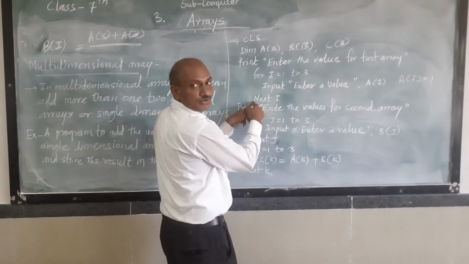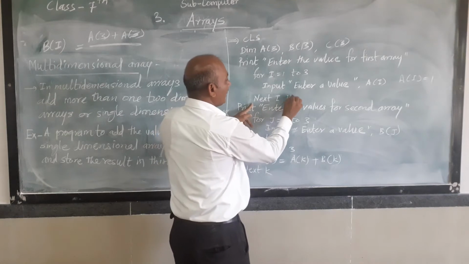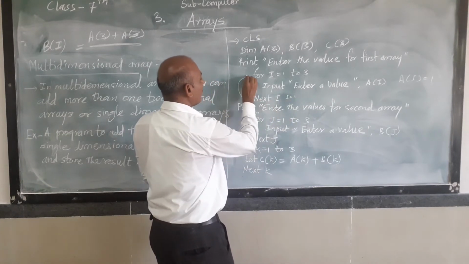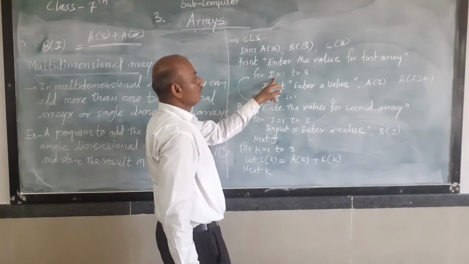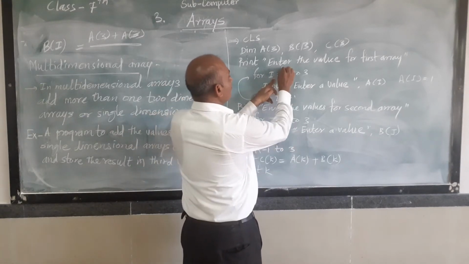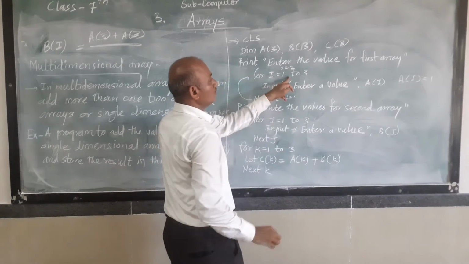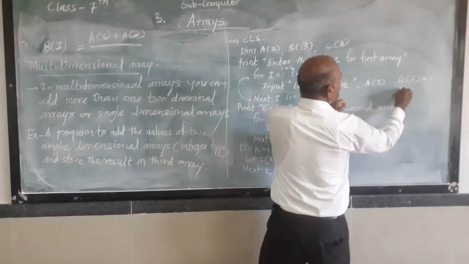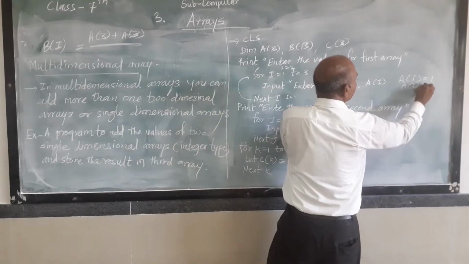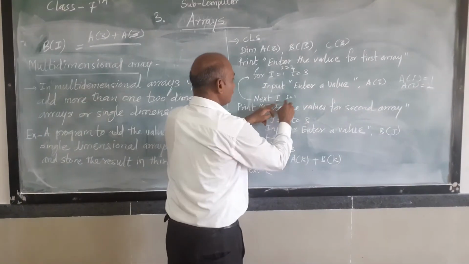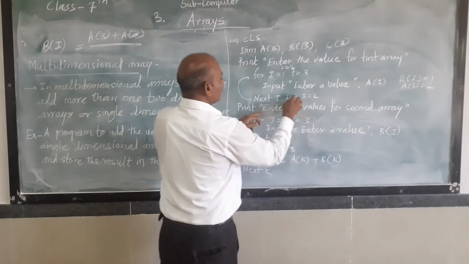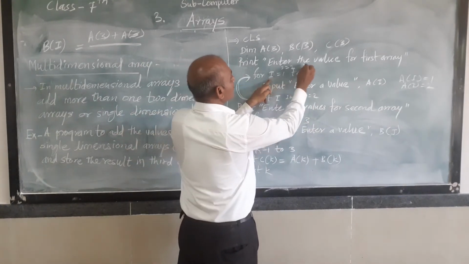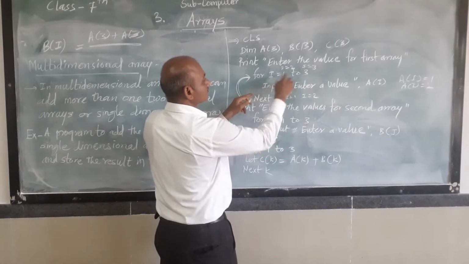First a of I, I is equal to 1. Then the cursor goes again to the for loop, I is equal to 2. Then input, enter the value a of I, I is equal to 2. Then the cursor goes again here, for I is equal to 3.